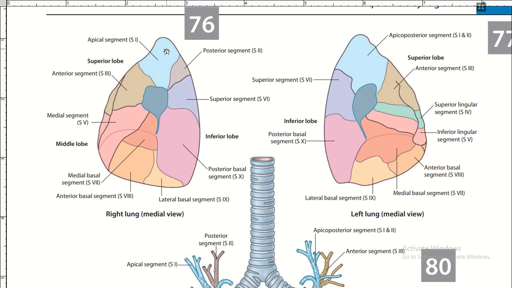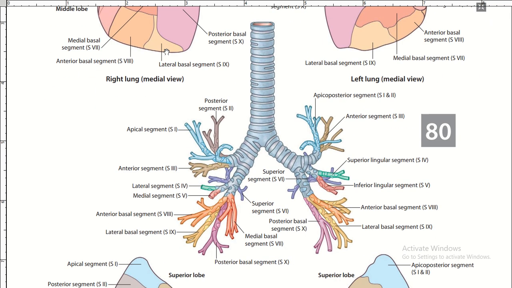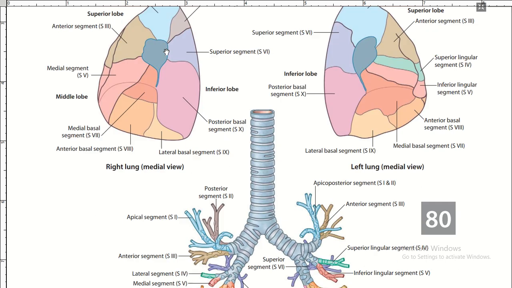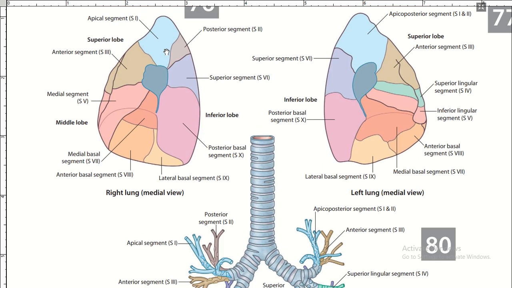So in the core of each bronchopulmonary segment, you're going to have segmental bronchi that are branches of your lobar bronchus, right? Remember? So the segmental bronchi, the segmental artery, which is the pulmonary artery or a branch of the pulmonary artery, will be lying in the core of your bronchopulmonary segment.